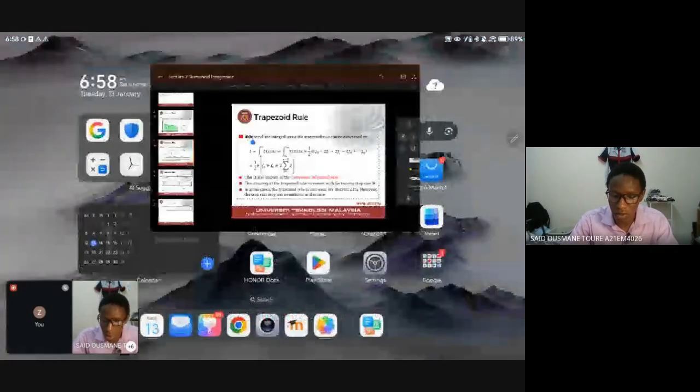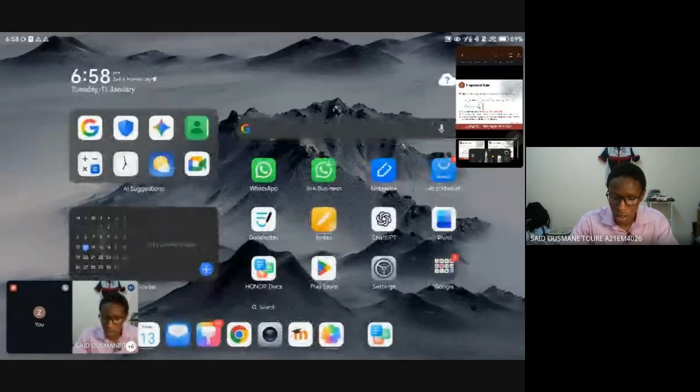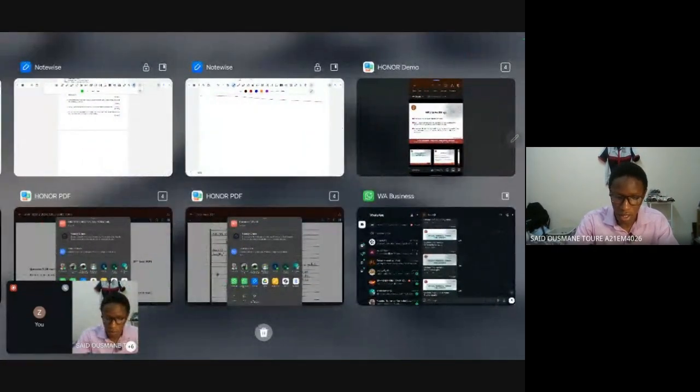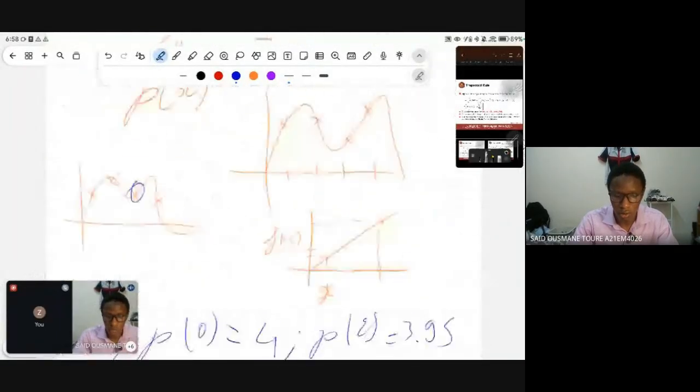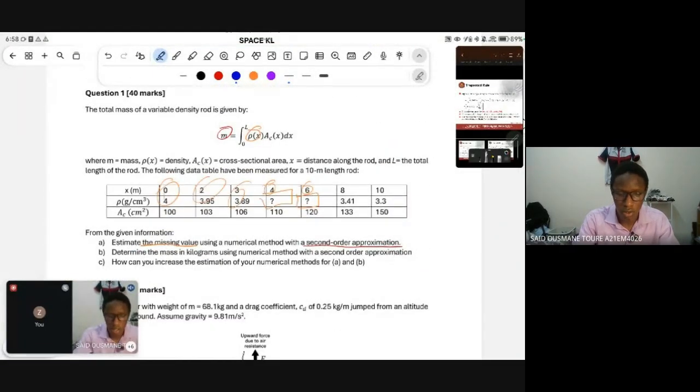So a clear example of that is, for example, here you have rho, right? We know that rho is a function, and rho goes from 0 until 10.